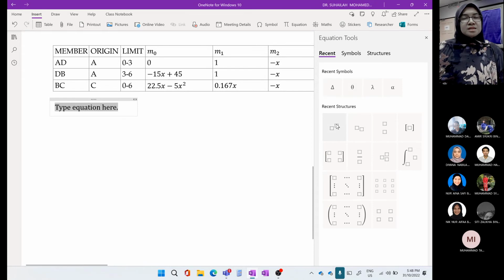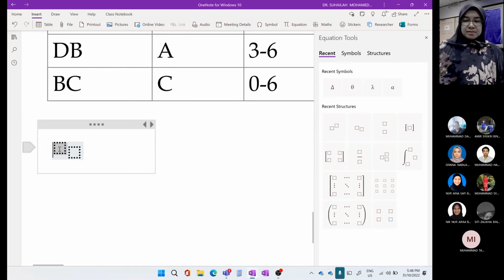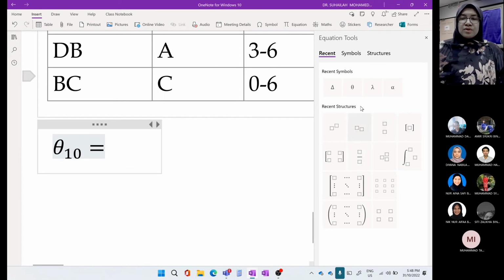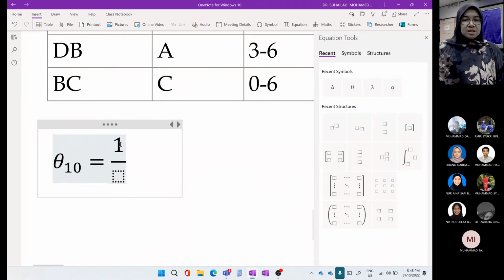The first one is theta 1 naught, and this is equal to 1 over EI.